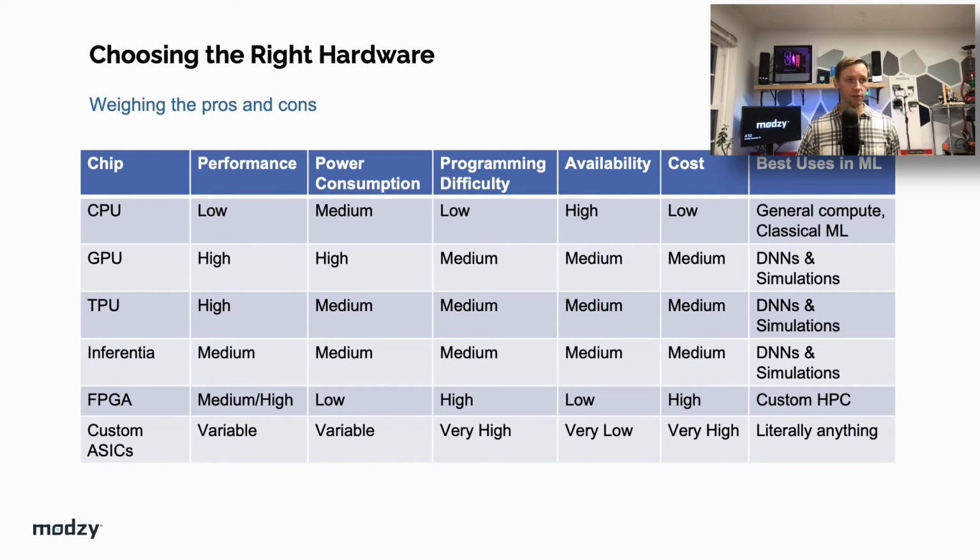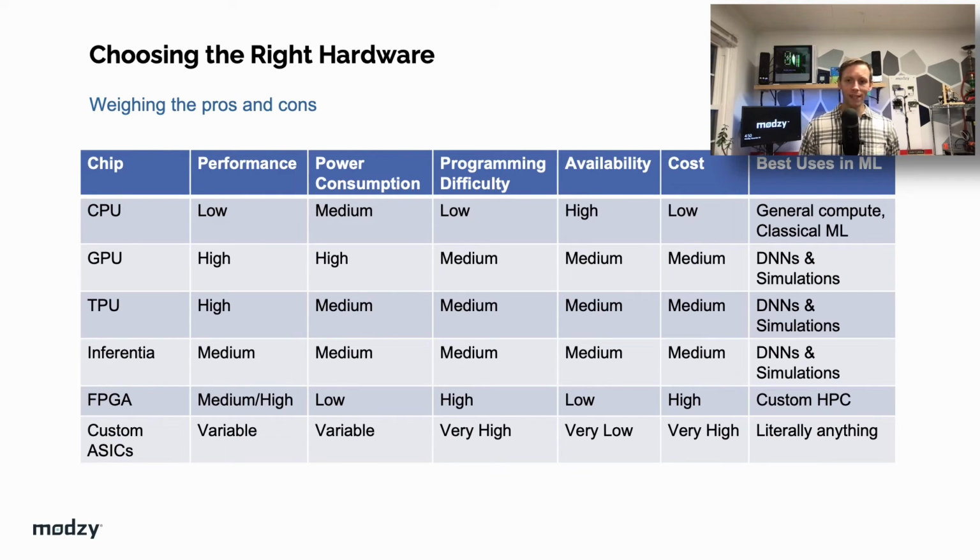Stick with CPUs that have good software support, and look for frameworks that let you accelerate the CPUs you already have today. In a lot of cases, you can actually get excellent performance on a CPU, even on deep neural networks, if they're small enough. And the costs are absolutely worth the effort, because using a CPU is far more cost effective than any of these other hardware types.